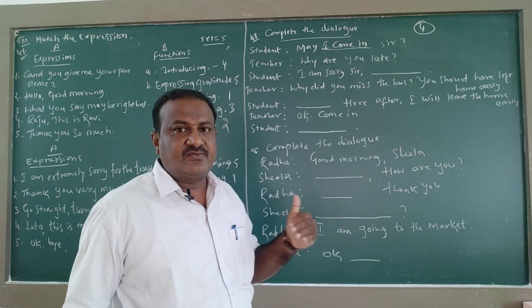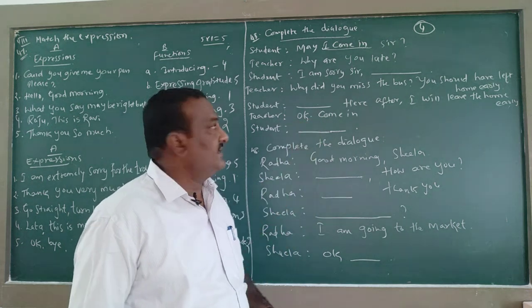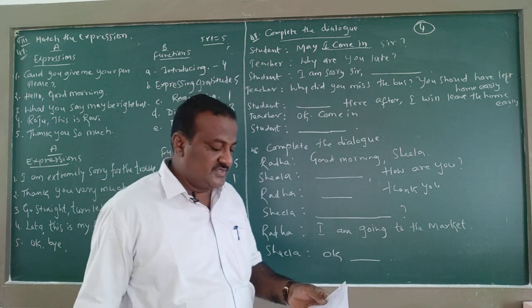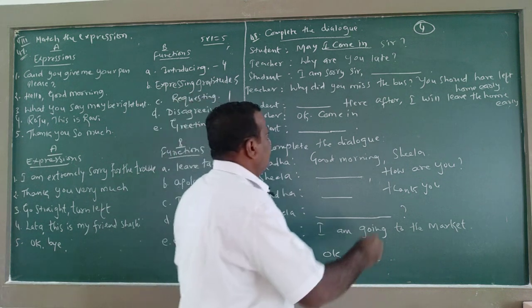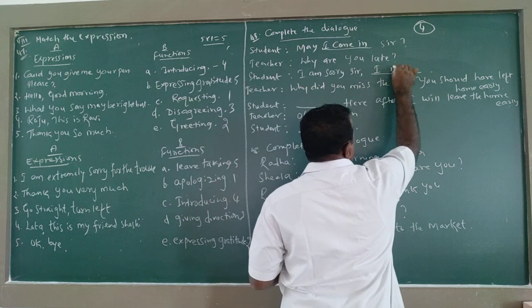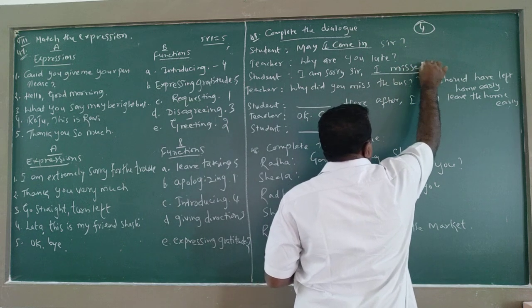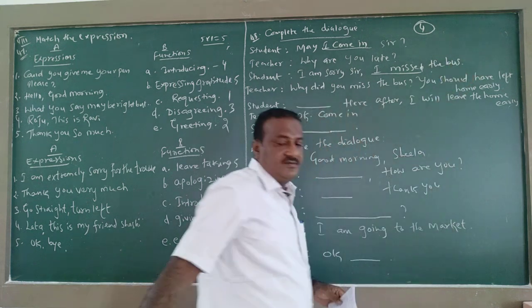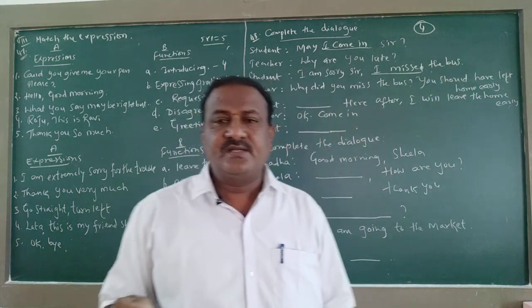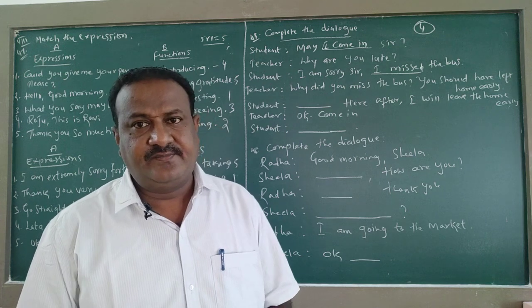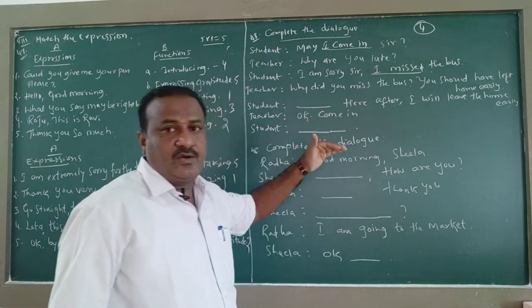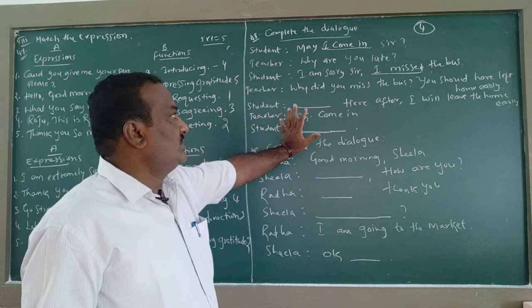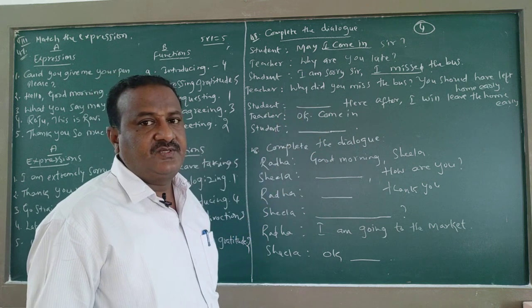Teacher will ask, why are you late? And here student: I am sorry sir, I missed the bus. See, according to that you have to write it. According to the dialogue, the conversation between them, you have to write it. Simple.